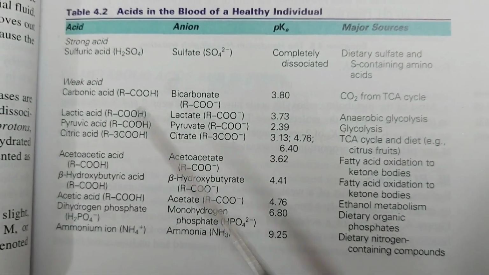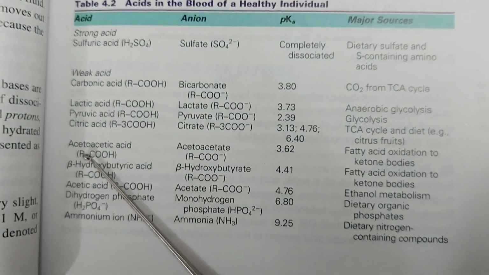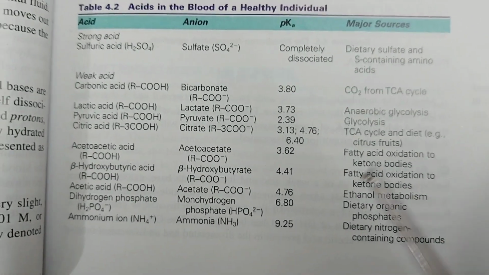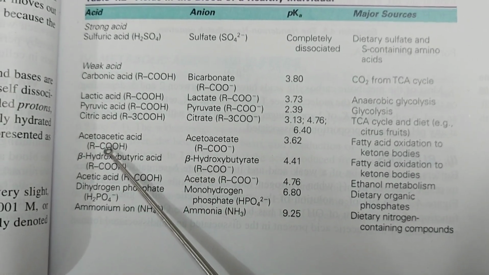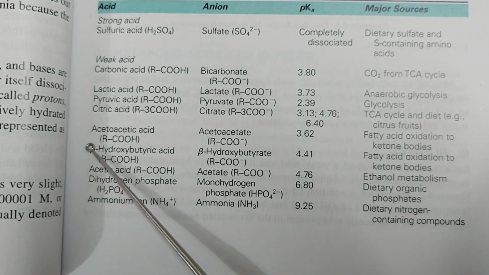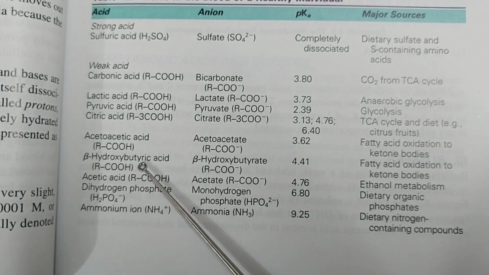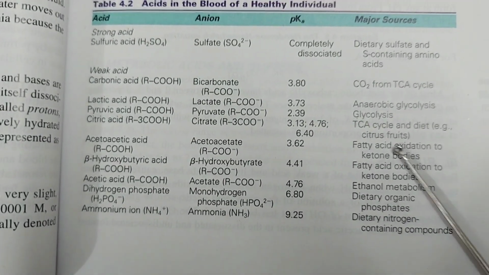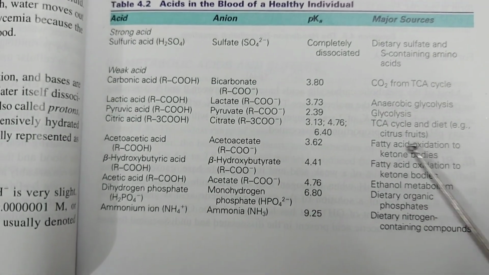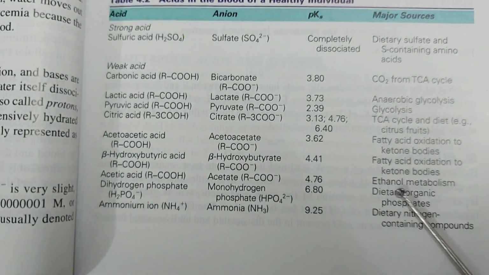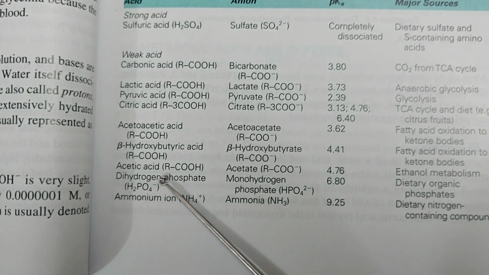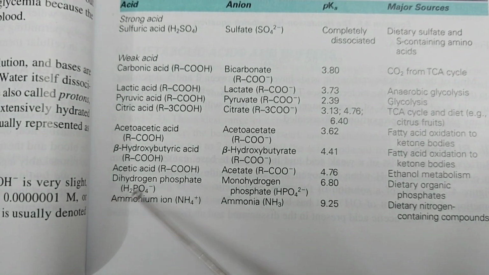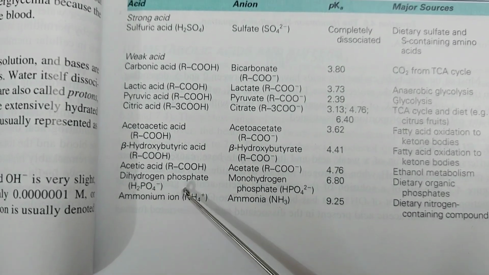Pyruvic acid is from glycolysis. Citric acid is from the TCA cycle, and acetoacetic acid and beta-hydroxybutyric acid are the acids from fatty acid oxidation. And from the dietary source we have ammonium and phosphate.